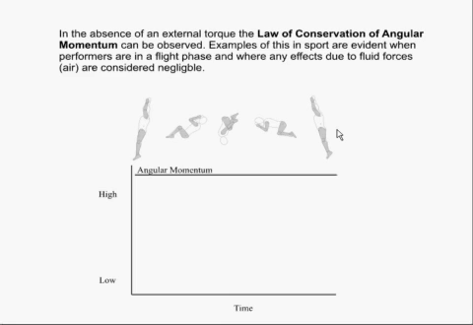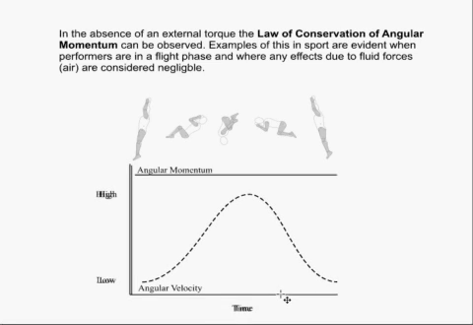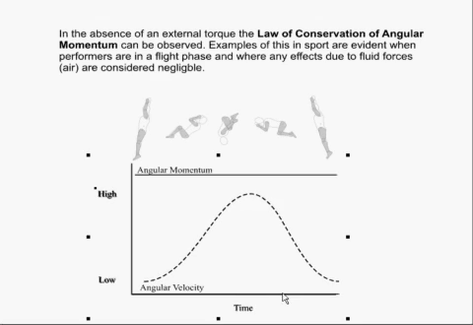However, you can perhaps imagine that when you're looking at gymnasts, they don't appear to rotate necessarily at the same rate throughout the event. And indeed, if we just have a look at the angular velocity, you can think of this as being the angular speed of the gymnast.